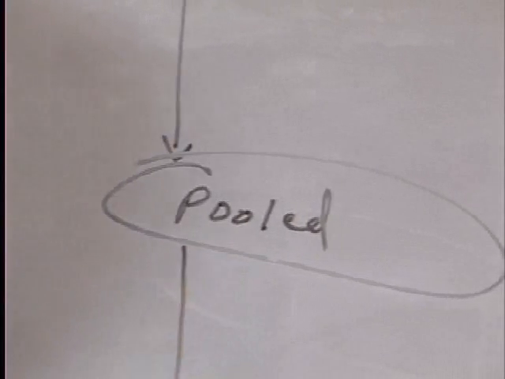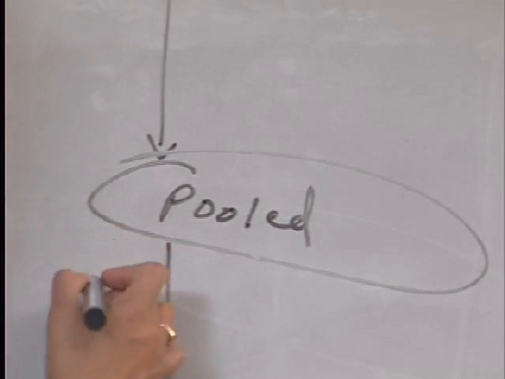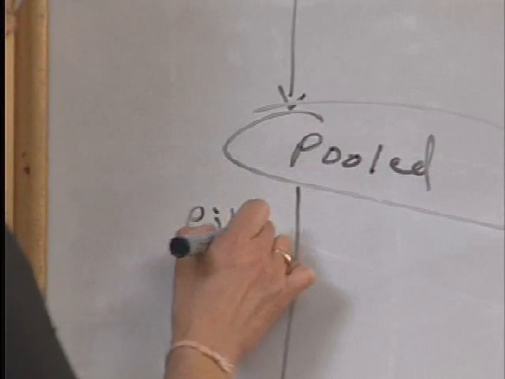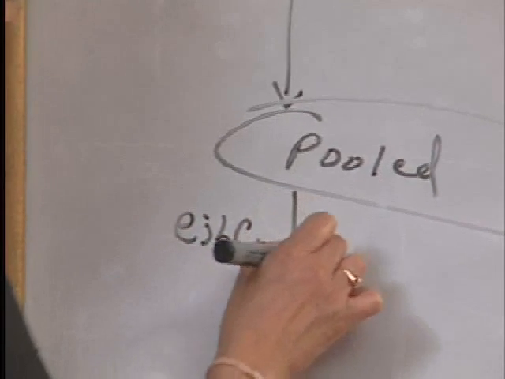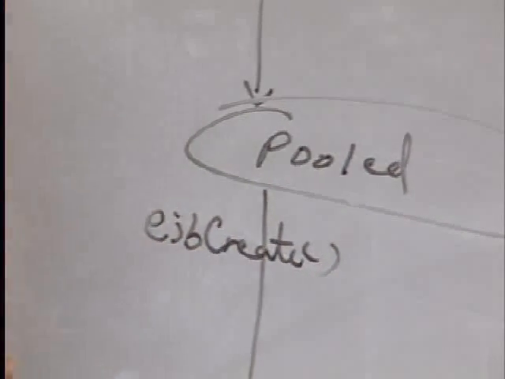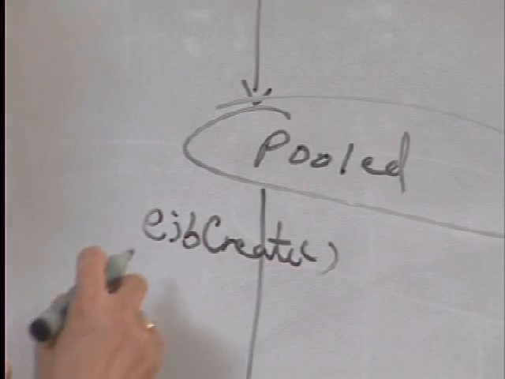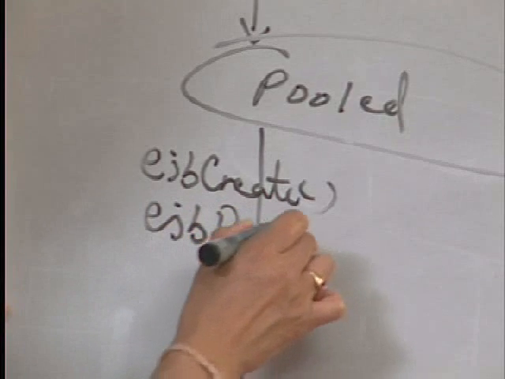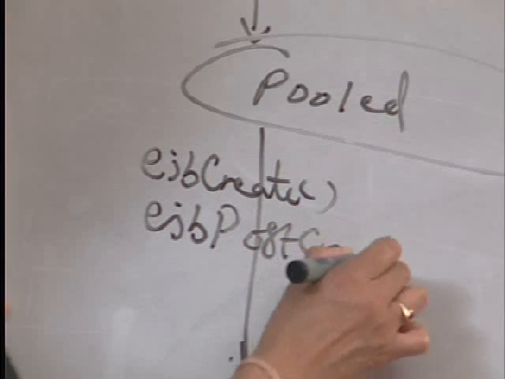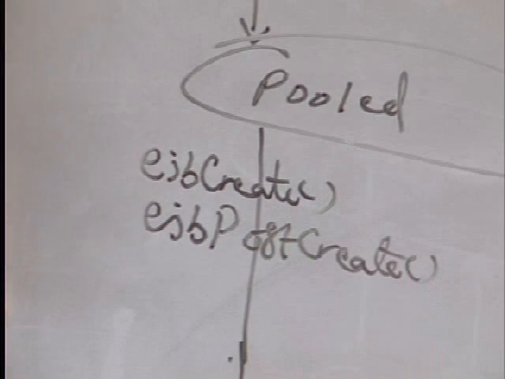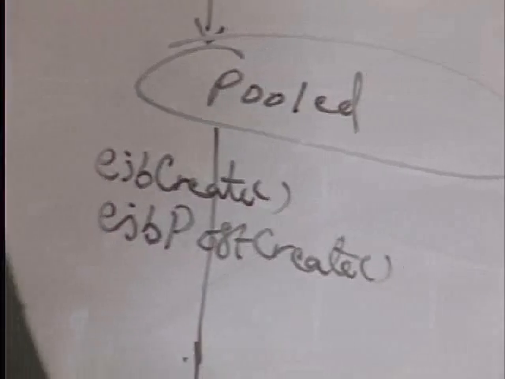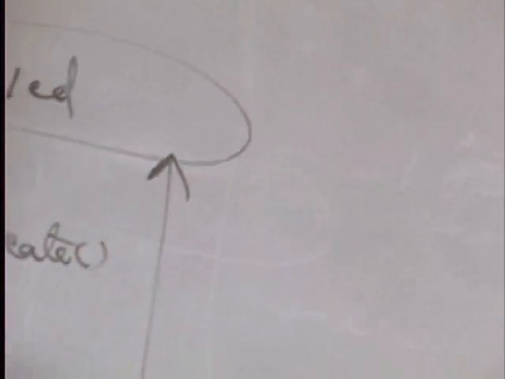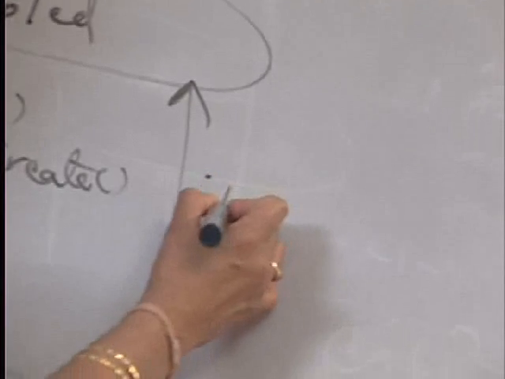From the pooled state to a ready state, it moves by EJB create. When we call a create method, it calls EJB create, and also we have EJB post create. From the ready state to the pooled state, it moves by calling EJB remove.